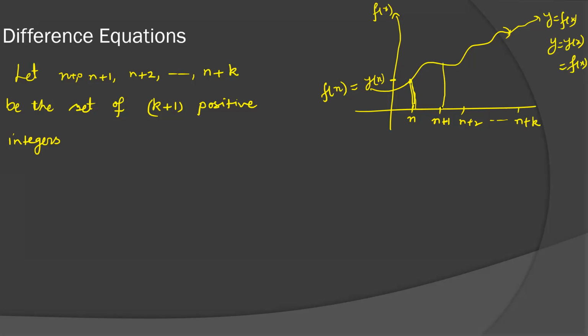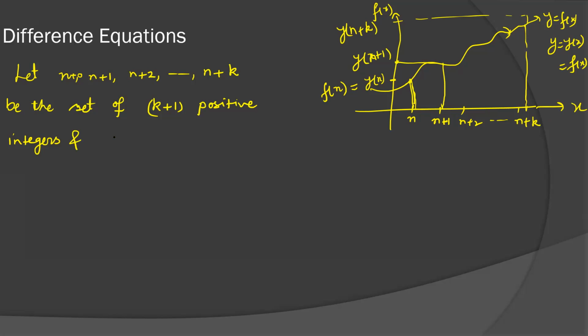This is the value at n plus 1, so y of n plus 1, and similarly the value at y of n plus k. So we have particular values of y for particular values of x. Suppose this is your x-axis. We have discrete values, some particular values of x, then corresponding values of y.